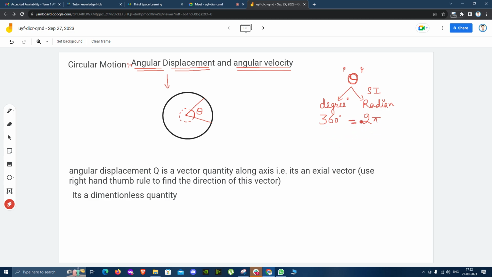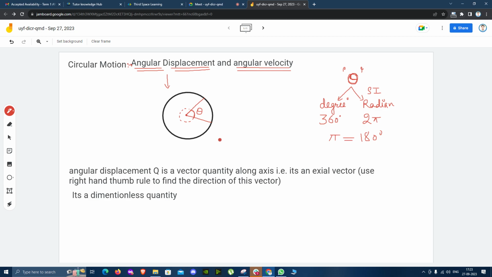You can see the relation between the two. You can find out what is 45 degree, what is 60 degree, what is 90 degree, and all that. So 2 pi is 360 degree. You just have to remember one thing, or simply you can remember pi is equal to 180 degrees. That's the relation between radian and degree.